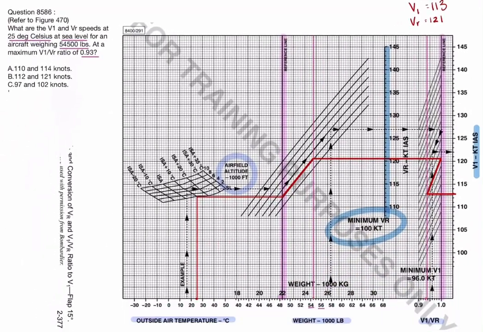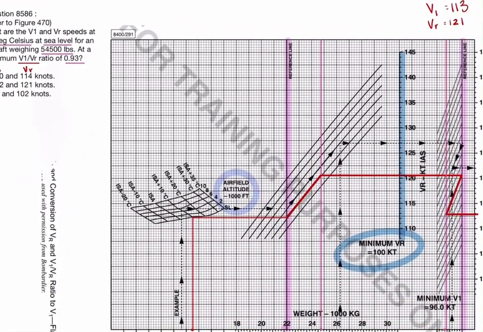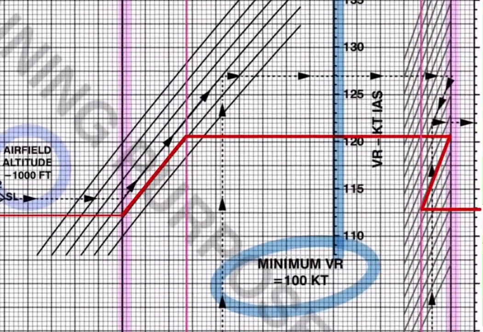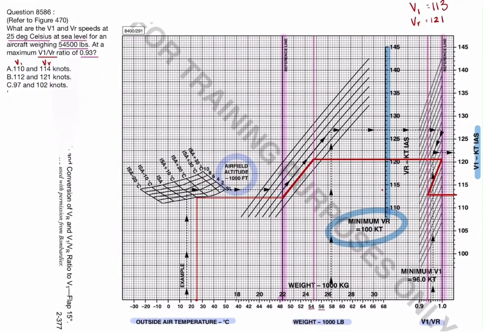So let's look at our answer choices. It's asking me a V1 VR ratio, which means the numbers on the left are V1 and the numbers on the right are VR. So looking at that, you have 110 and 114. Well, if I look at my chart, I know that VR is way above 114. 114 would be down here, so that doesn't really make sense.